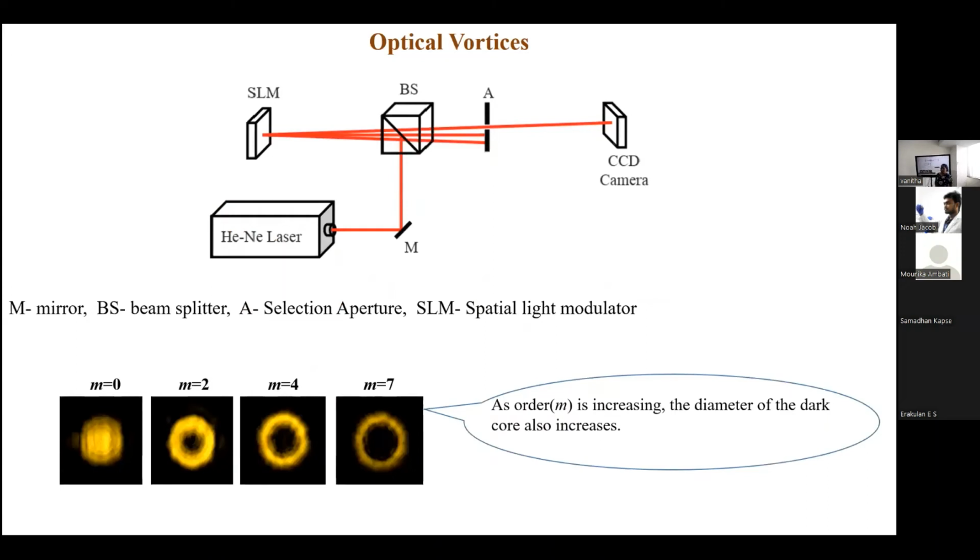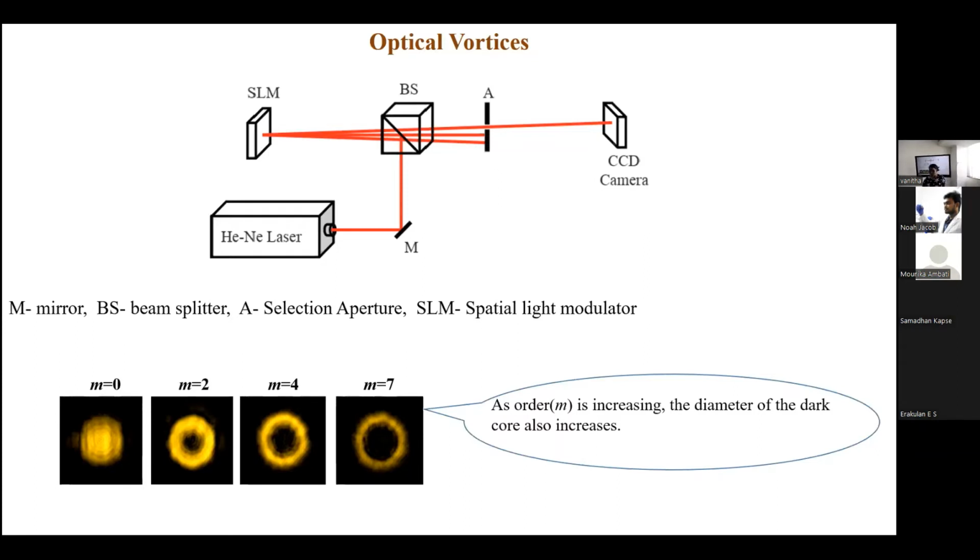So coming to my work, I have used computer generated holography to produce optical vortices. On the spatial light modulator, we have deposited a hologram which can be generated by computer. This spatial light modulator is illuminated by a helium neon laser to produce optical vortices embedded with the host Gaussian beam, and we have used an aperture to select the desired optical vortex beam.